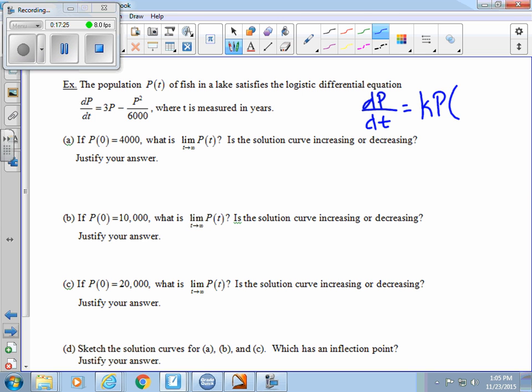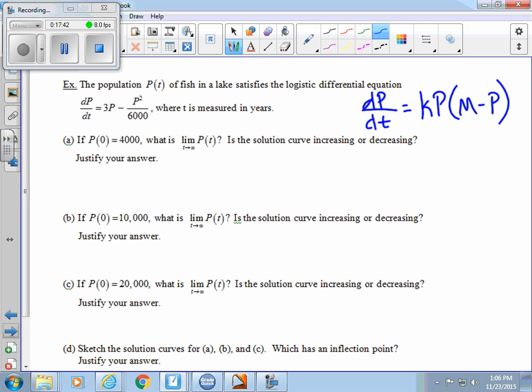Right, so we know we need a factor. I can take out a 1 over 6,000 p out. Does everyone agree?